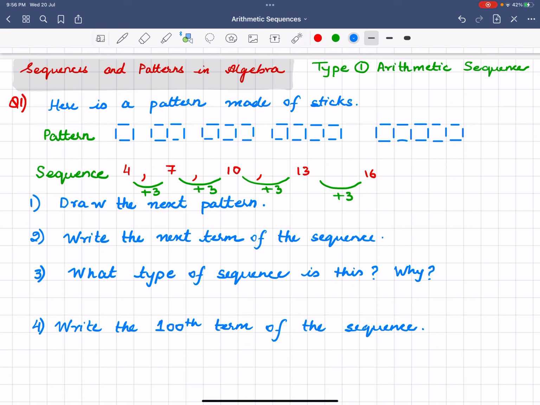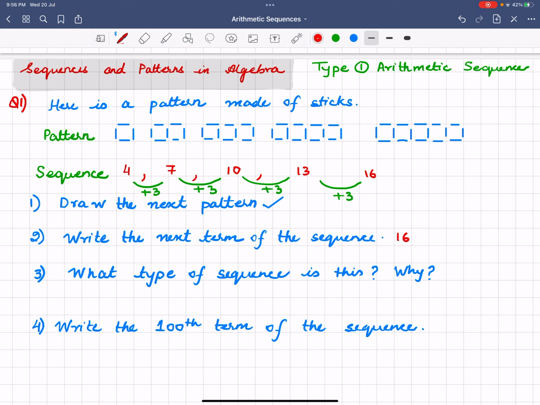So here we have answered the first question, which says draw the next pattern. Write the next term of the sequence. The pattern is here, and the number that represents the pattern is the next term of the sequence. So the next term will be 16. So my answer is 16 here.